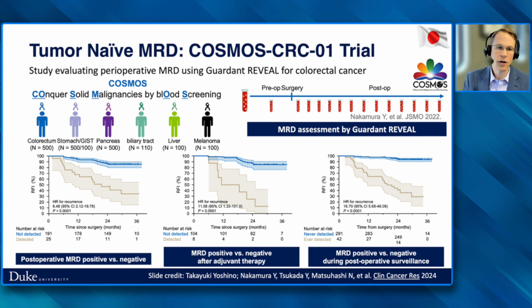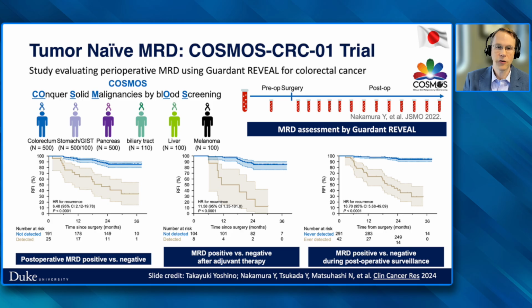And we can see here immediately after surgery, a single blood draw to detect recurrence, we can see that it does successfully distinguish patients between high risk and low risk categories, with patients with a positive result having a 6.5 fold greater risk of recurrence than those patients who have a negative result. This is from a single blood draw after surgery.